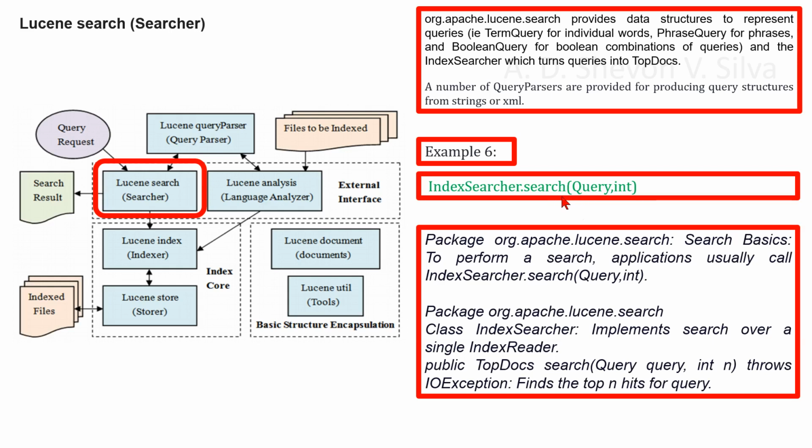This is in the class IndexSearcher, which implements search over a single IndexReader, in the package org.apache.lucene.search. Lucene offers a wide variety of query implementations, most of which are in the package org.apache.lucene.search or the queries module.